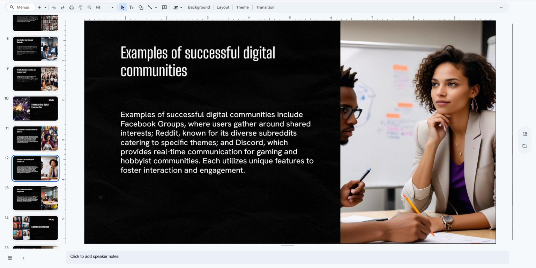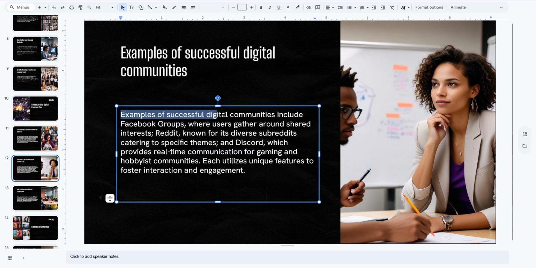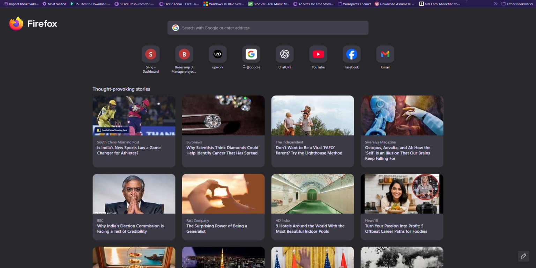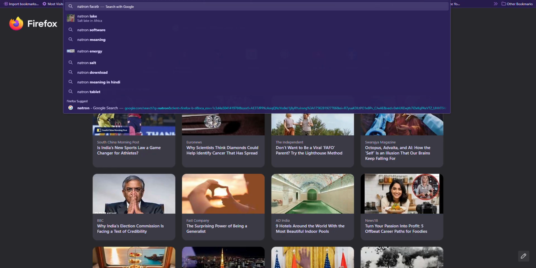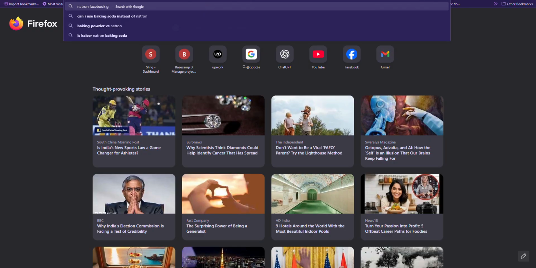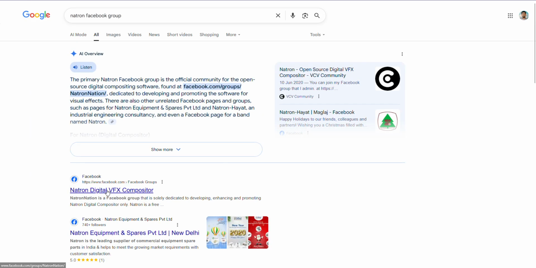So successful digital communities, Adobe product community is one. Examples of successful digital communities include Facebook groups. So Facebook group, as I... Netron digital VFX compositor.